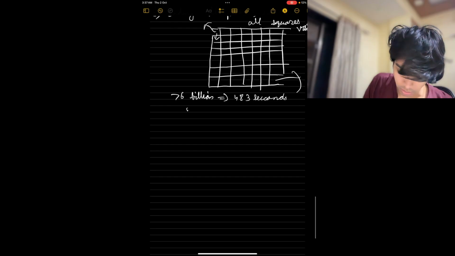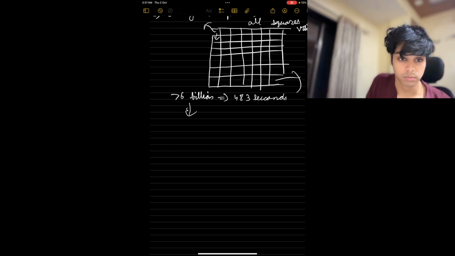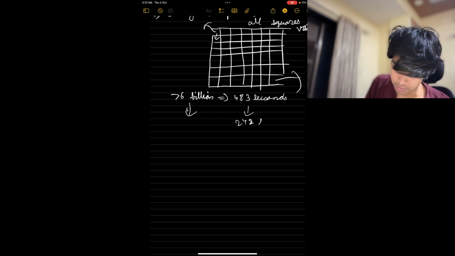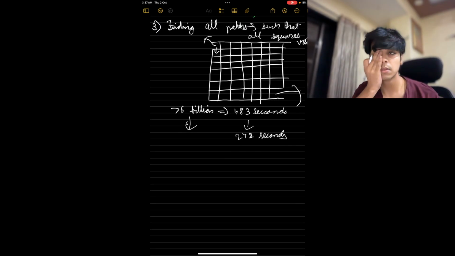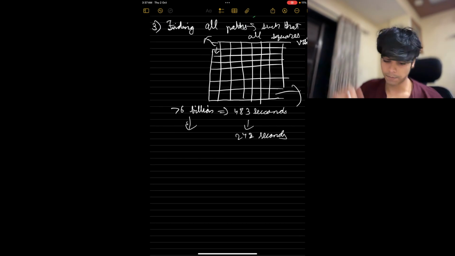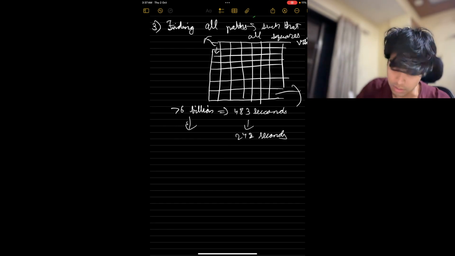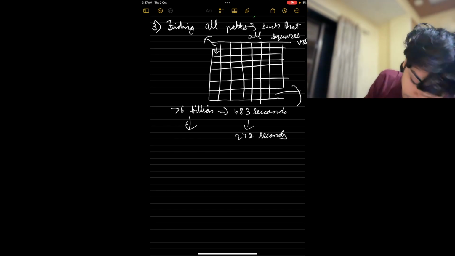Now this cuts down to, let's just say, 242 seconds. Further, what can we do? Suppose we have not visited all these squares. There are a total of 49 squares.